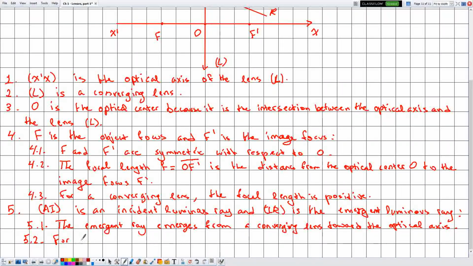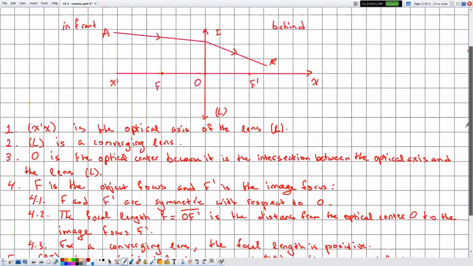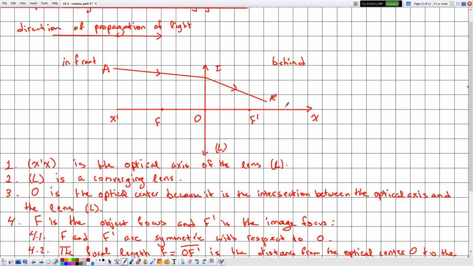For a converging lens, the incident ray and the object focus are on the same side, whereas the emergent ray and the image focus are on the same side.